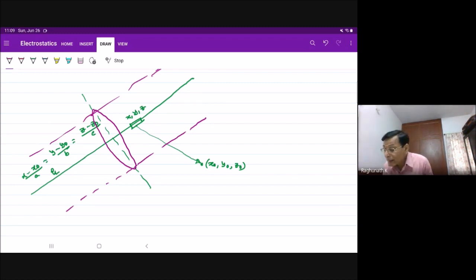It is radially outward, given by the unit vector dropped from the foot of the perpendicular from the point. If I know that, I need to calculate only the magnitude of the field intensity. Only the radial component will be there. I need to know the magnitude of the field intensity.